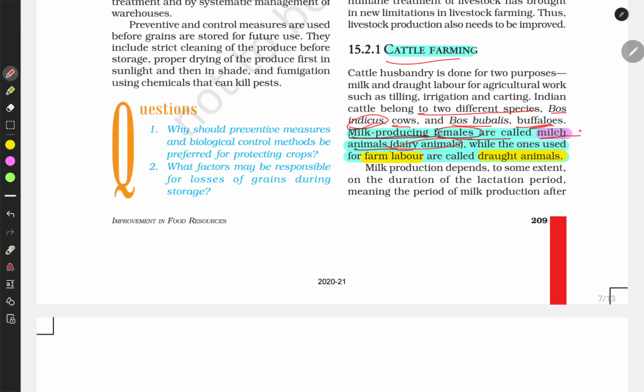They are also called dairy animals. The ones used for farm labor are called draught animals. So they have divided the cattle into two. One which produces milk is called a milch animal, and another is a draught animal which is used as farm labor, which are males only. You know, the male cow.